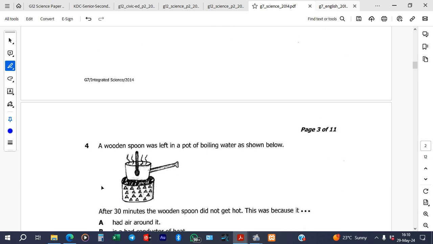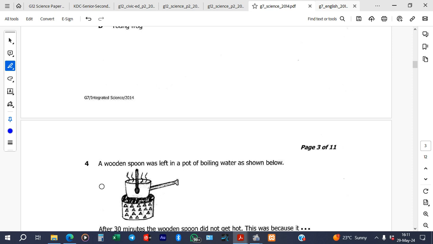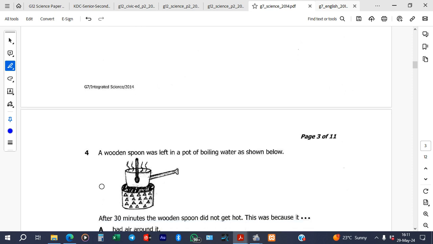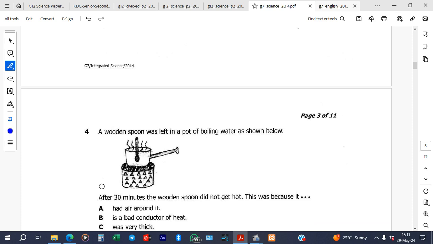Question 4. A wooden spoon was left in a pot of boiling water as shown below. After 30 minutes, the wooden spoon did not get hot. This was because it... So you need to understand conductivity of heat. Here we are looking at bad conductors and good conductors of heat.